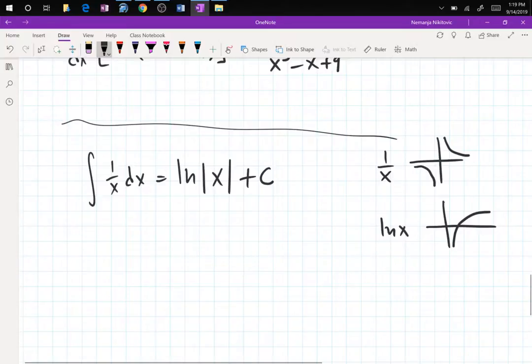So if you don't put the absolute values here, then it means that you can put -2 on the left side of the equation, but you are not allowed to put 2 on the right side, because there's no domain for ln without absolute value. ln absolute x will have both of these. So you see that ln still doesn't work at 0. That's okay. The left-hand side, 1 over x, didn't work at 0 either. So they match the domain. This is the reason why absolute values are not optional. You have to have it.